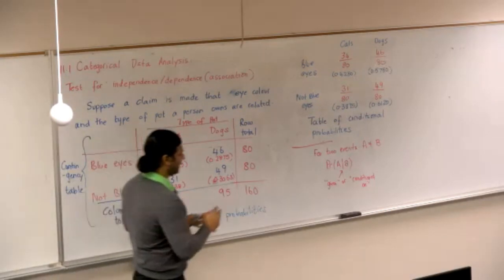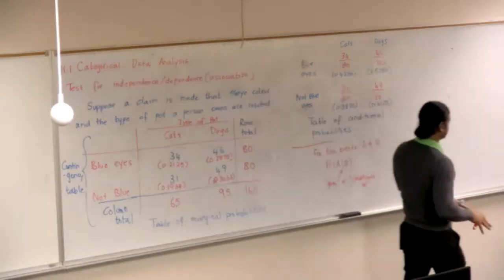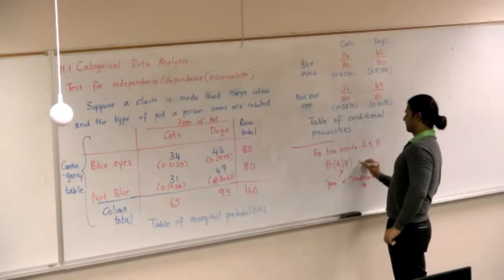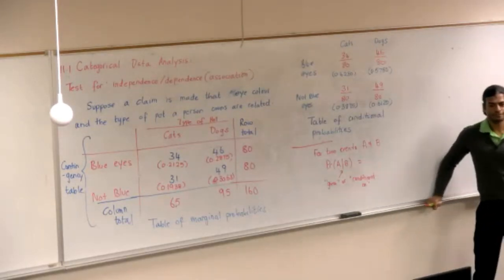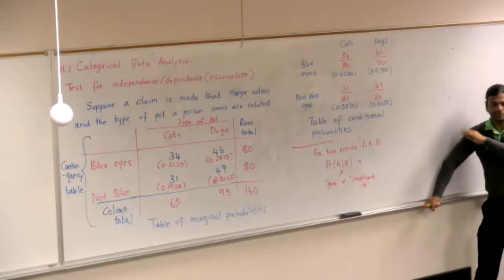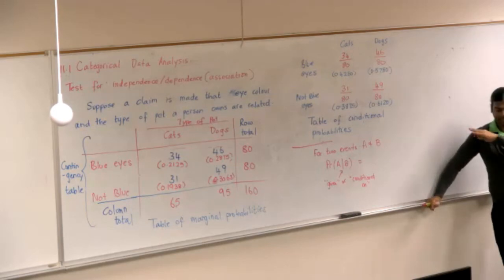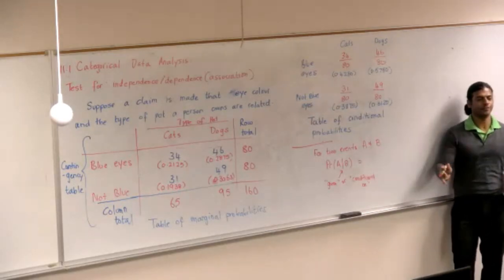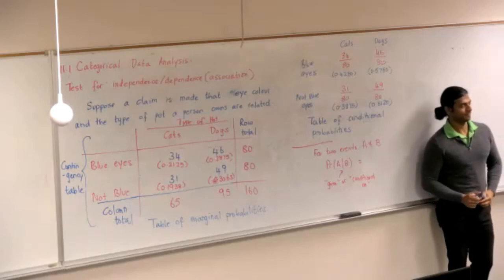So if A had nothing to do with B, what would this equal to? If A is completely independent of B, this would equal the probability of, take a guess.